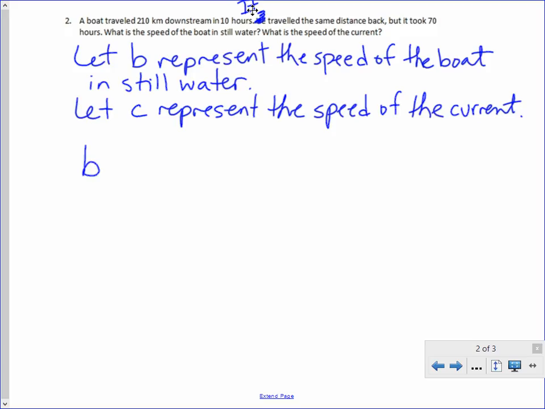If you're going downstream, the current is with you. What does the current do to your boat speed? It makes you faster, so you add them together. Now I need the total speed of the boat and the current together, resulting in traveling what distance in what time? 210 kilometers in 10 hours. So I have B plus C equals 21.